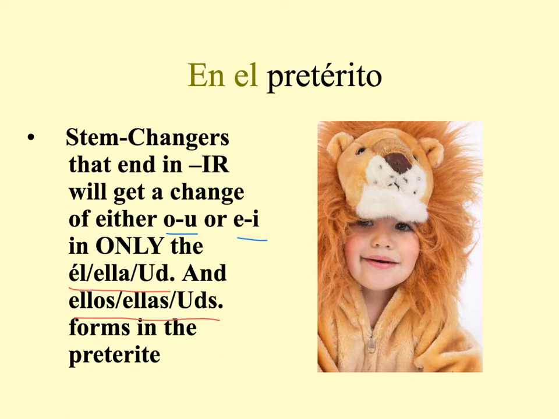It's not like present tense where you get O to UE, E to IE. No, that doesn't exist. In preterite, first of all, it has to be an IR verb. So like checkbox number 1, it's an IR verb. Second of all, it's got to be in one of these 6 forms, él/ella/usted or ellos/ellas/ustedes. And then lastly, when you put in that stem change, it'll either go in as O to U or E to I. This sounds like a lot, but let me show you the example on the next page.